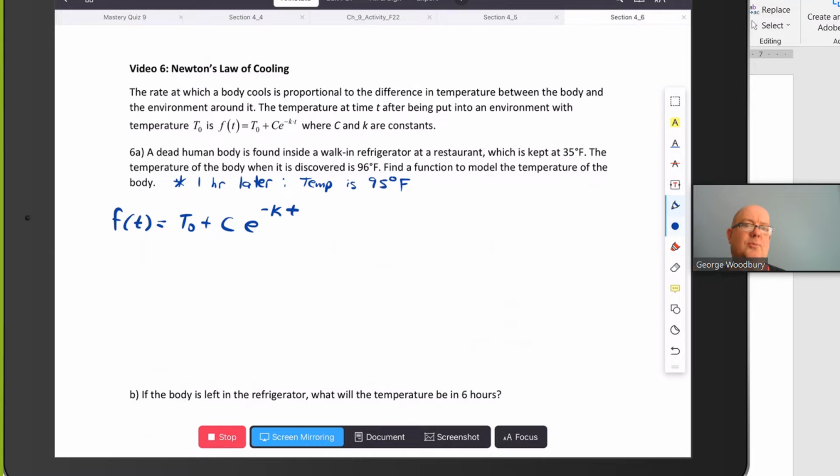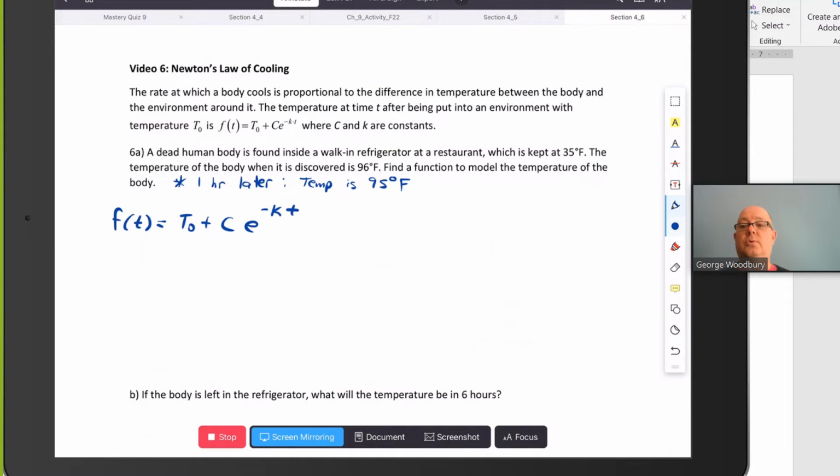C is a constant which has to do with the difference between the environment and the body at first measurement. K is the rate at which the temperature decreases, and t is the time. In the problem we're going to work, t is the time in hours.